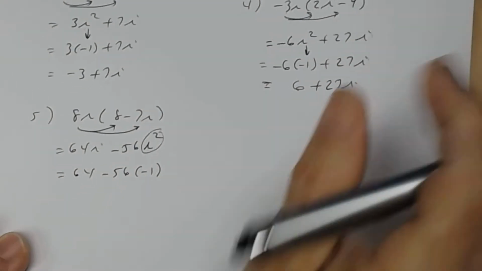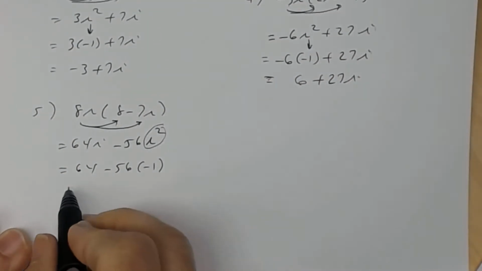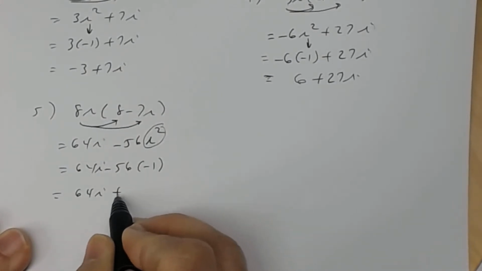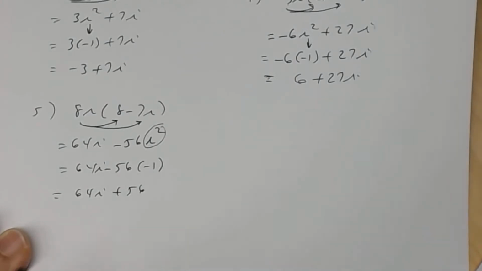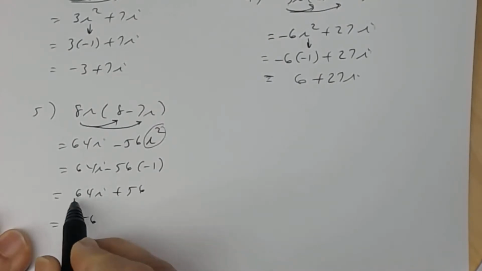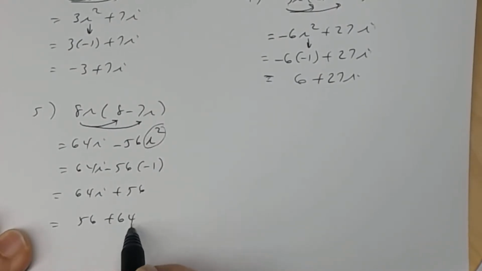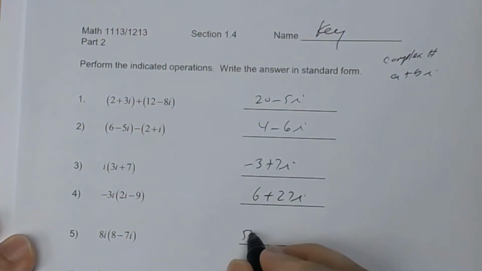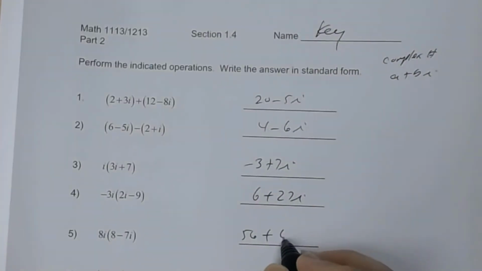And then negative 56 times negative 1 is a positive 56, so it becomes 64i plus 56. All right, now remember you got to write it in standard form, so you got to put the real part first. So that will be positive 56 plus 64i. All right, so that's number 5. So 56 plus 64i.